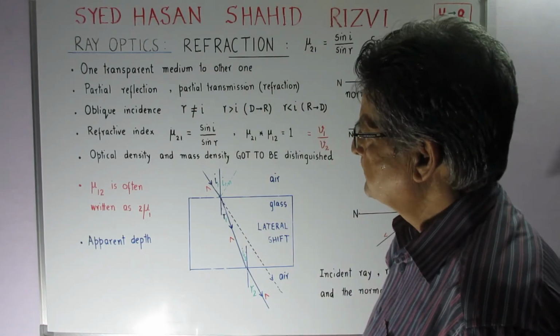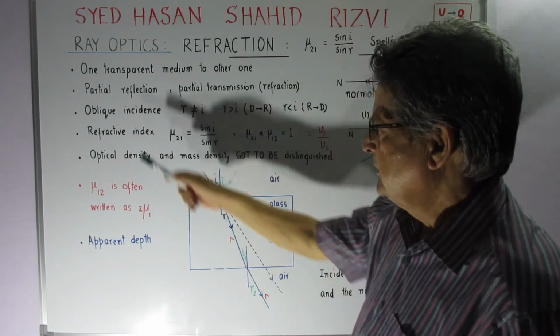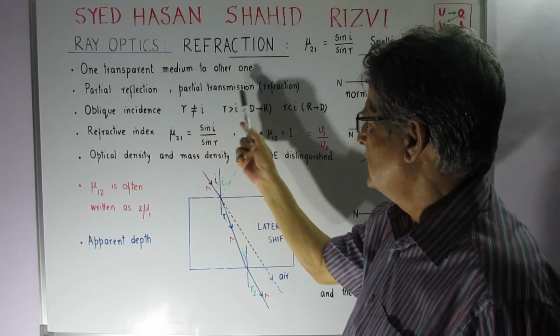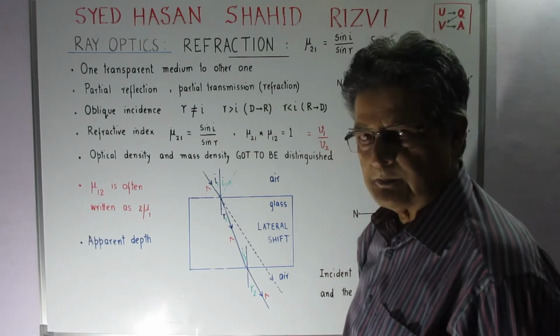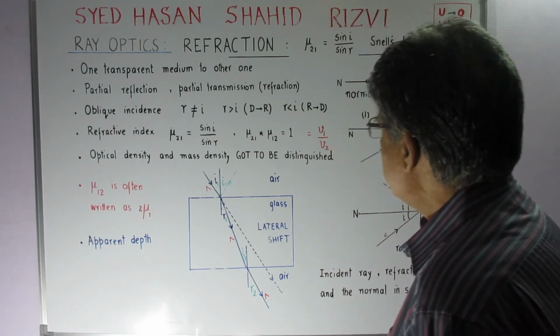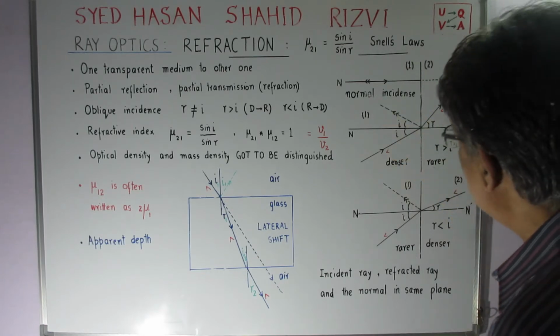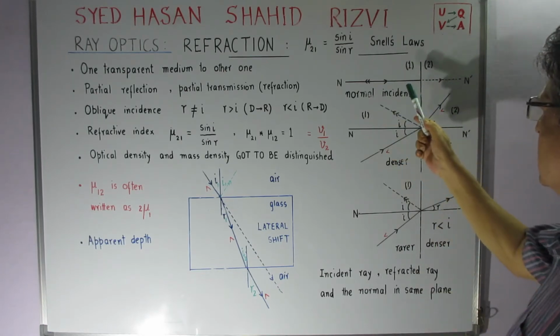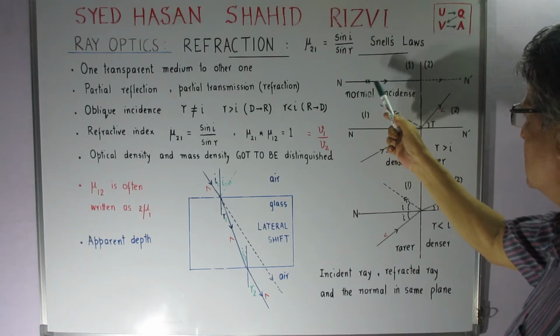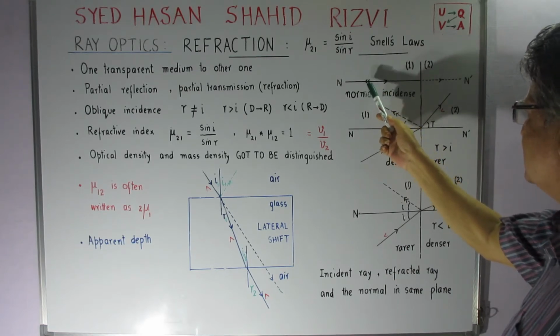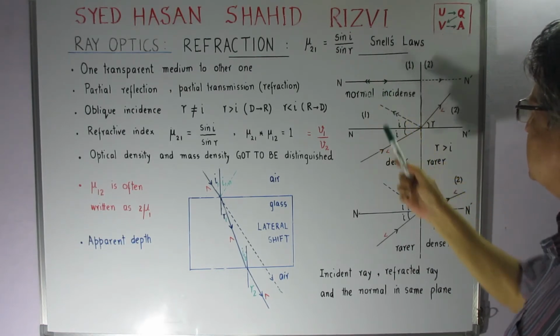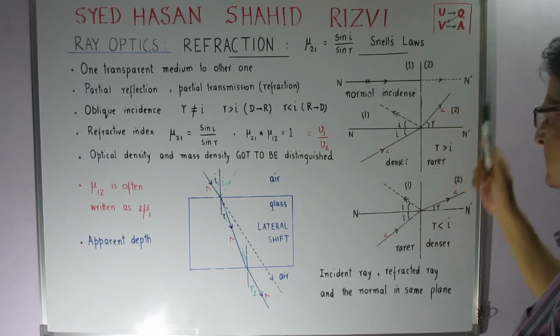Of course, at the interface there is partial reflection and partial transmission, which is called refraction. If we have a normal incidence as shown over here, part of the ray is reflected back in the same direction, and part of it is transmitted.